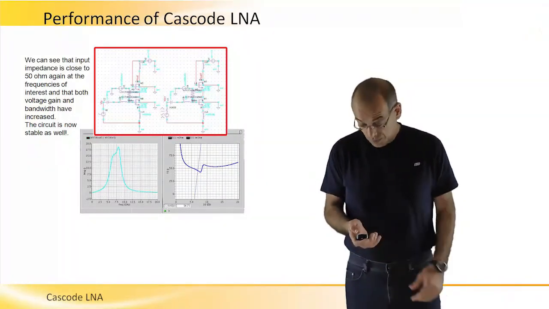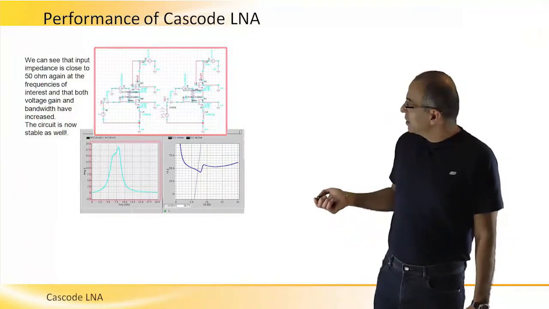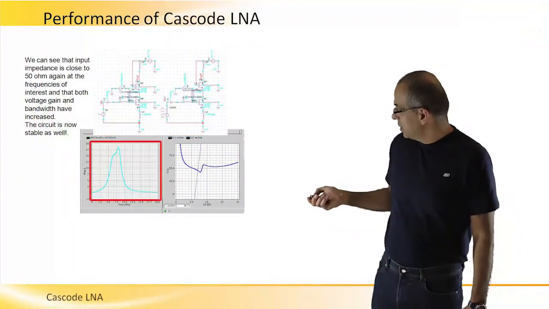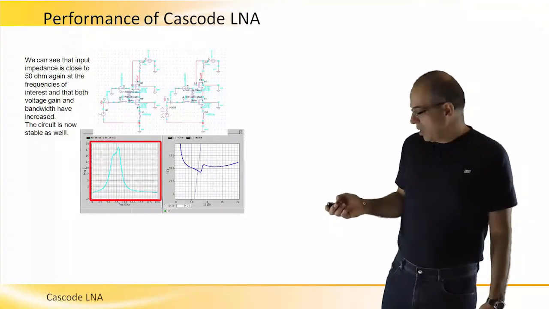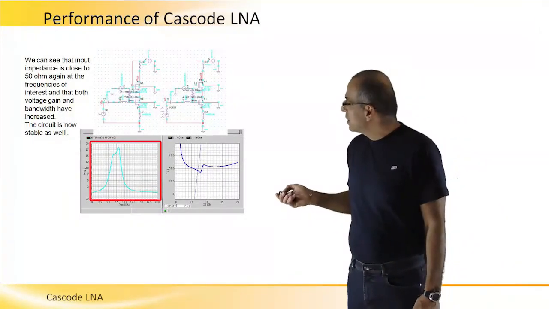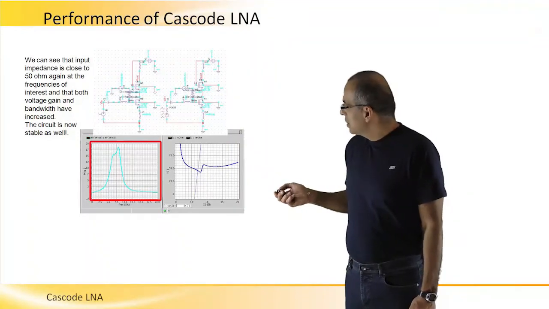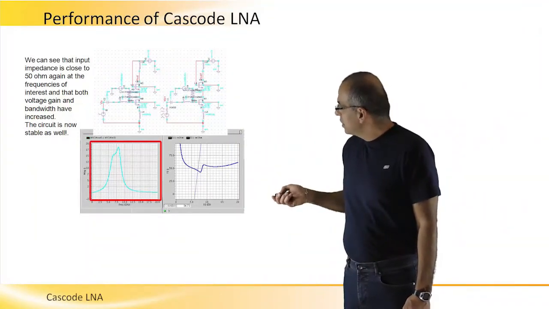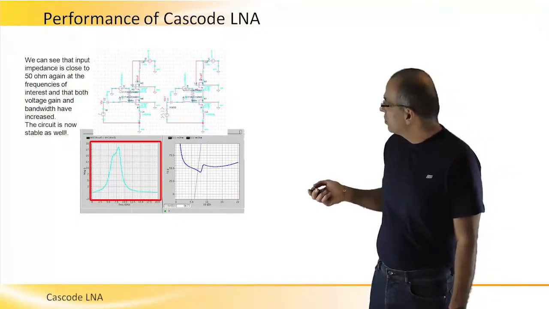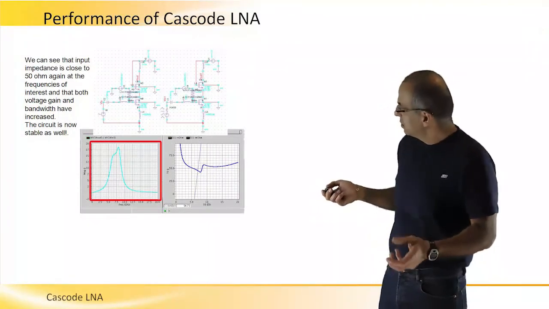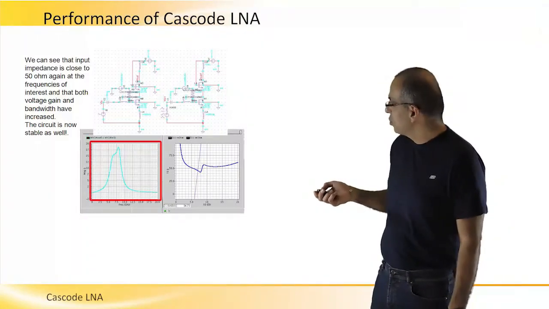So now we can look again at the simulation of the full amplifier, and we find that the gain is even higher than we had before, than when we started with the ideal common source topology.